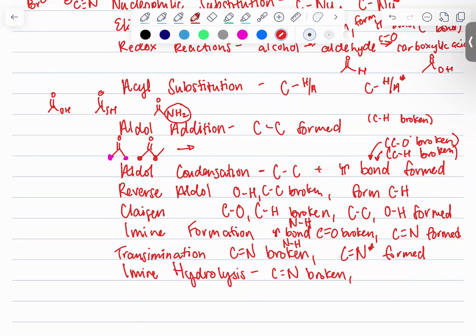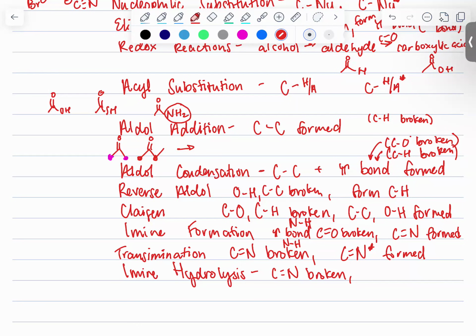Yes, it might be easier that way for you guys. Mostly these kinds of questions will look at major bonds formed rather than minor bonds. And major bonds is really anything that is carbon and something else.